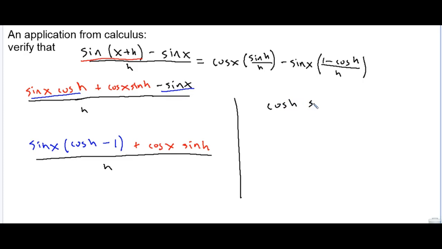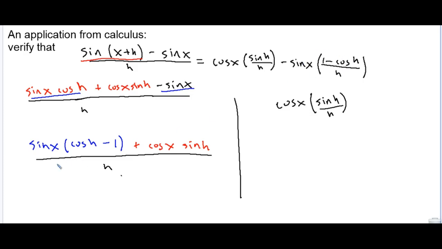I'm actually going to start with this part first, so I'm going to delete this just for a second here. We've got cosine x, and then we have sine h over h, because I can do the sine h over h at any time, so I can put that in parentheses, which gives us this one right here. So I've got this part done. It looks like this one.